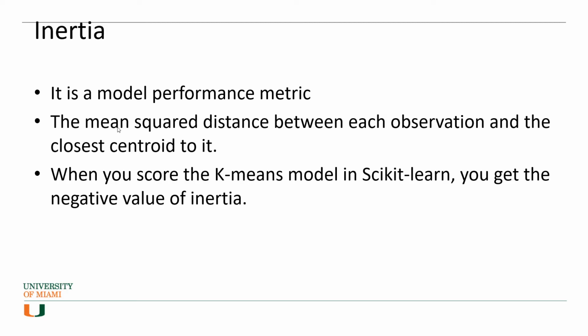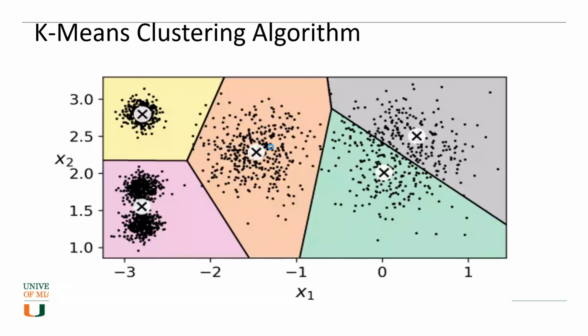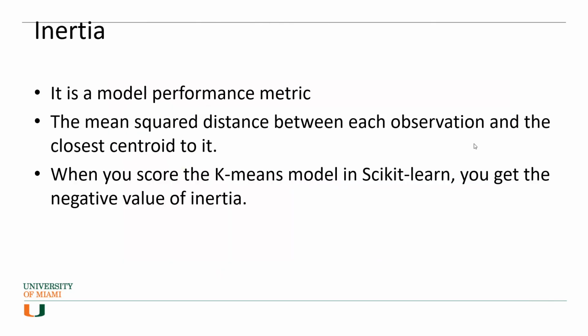Because there is 0 distance between each point and itself, right? That is the smallest inertia that we can have, right? And in cases where we have more observations than clusters, then inertia is going to basically start to grow.